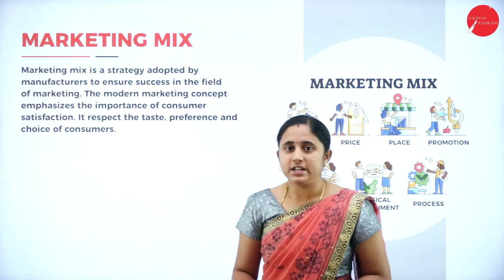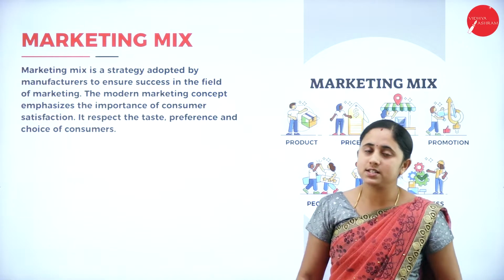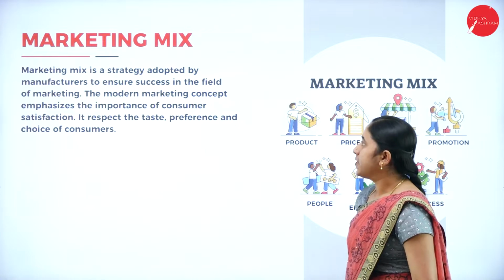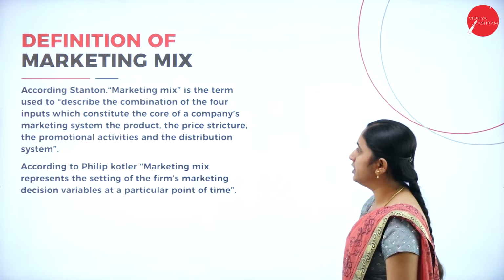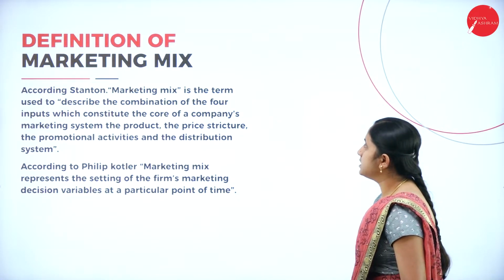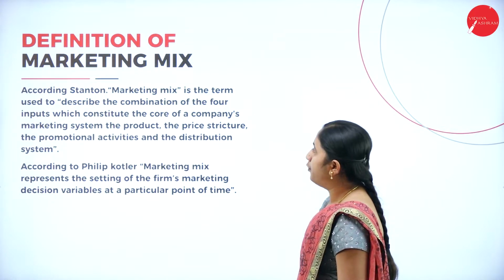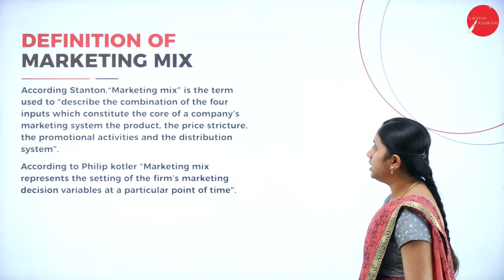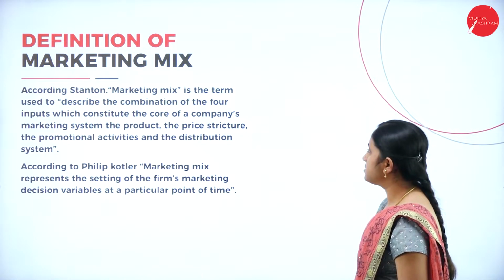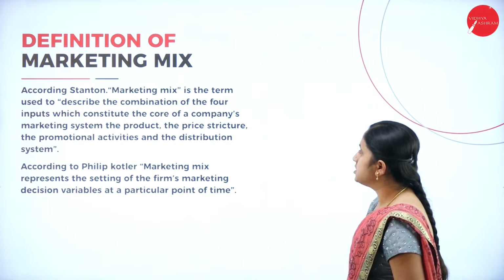There are several strategies which they use in order to succeed in marketing and in order to exist for a longer period in the market. One of the strategies is the marketing mix. Marketing mix definition. According to Stanton, marketing mix is a term used to describe the combination of the 4 inputs which constitute the core of the company's marketing system: the product, the price structure, the promotional activity and the distribution system.